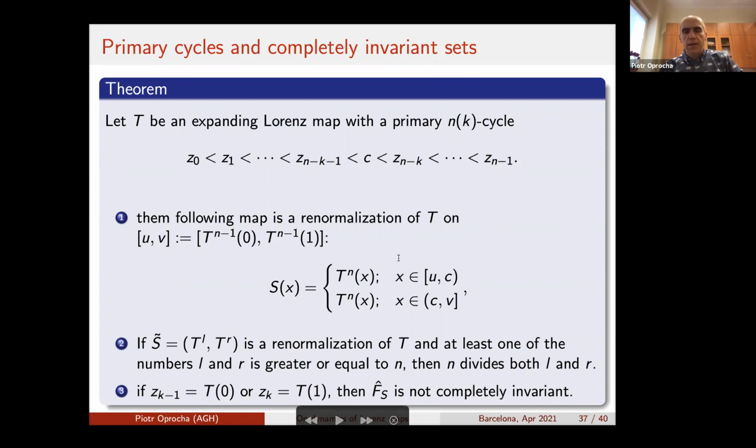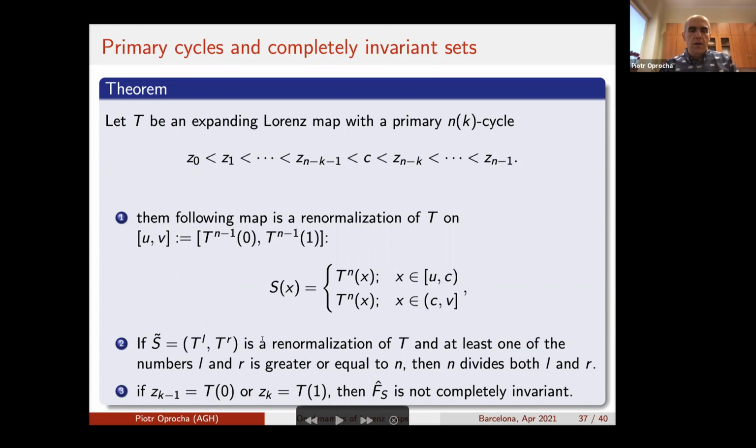If you find another one, and these numbers L and R here, if at least one of them is greater than n, then both are multiples of n. So if I find another renormalization with at least one of these numbers bigger, then it will be multiples of n.